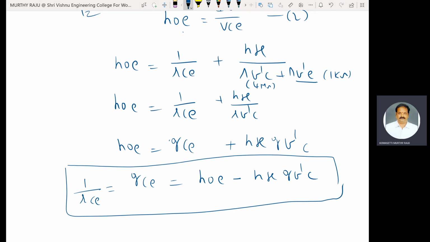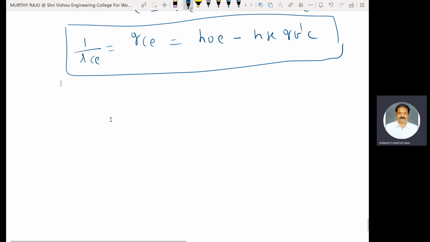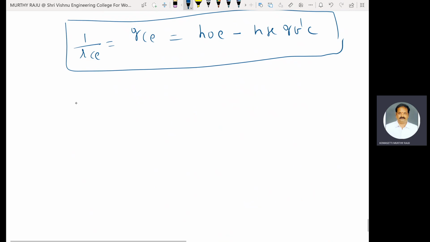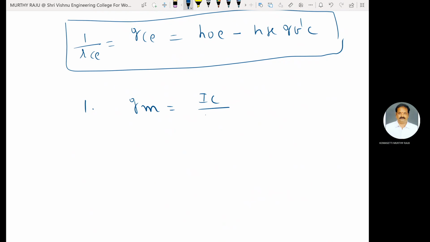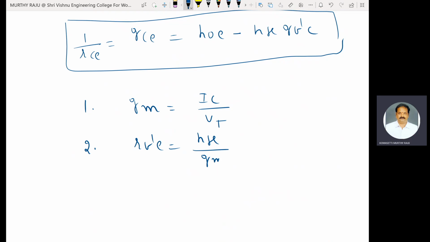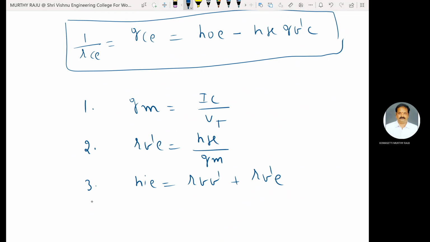These are the derivations for hybrid pi conductance. First one is GM, which is IC by VT. Second one is RB'E equal to HFE by GM. Third one is HIE equal to RBB' plus RB'E.